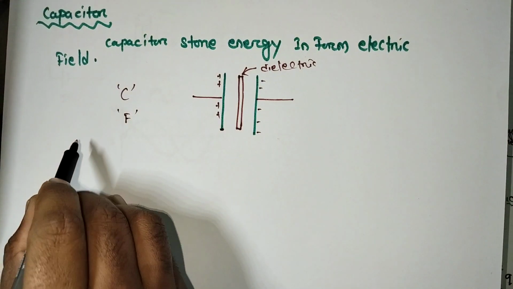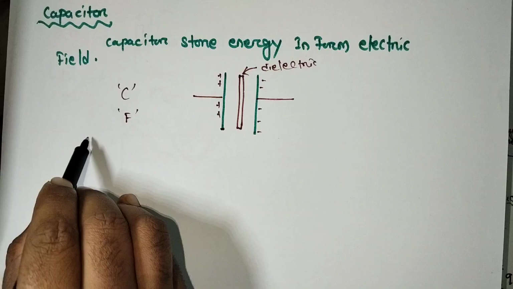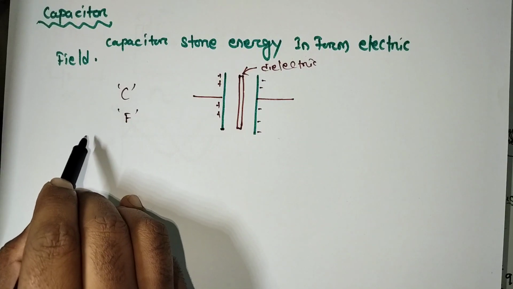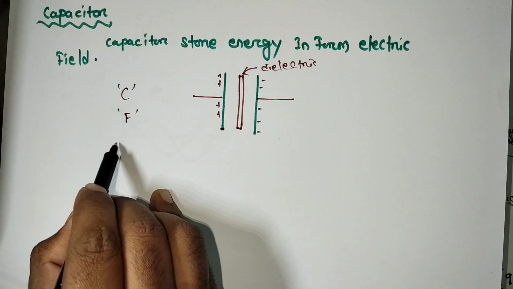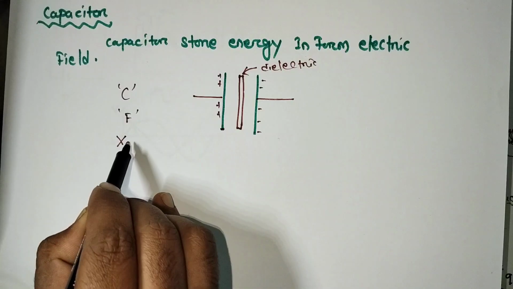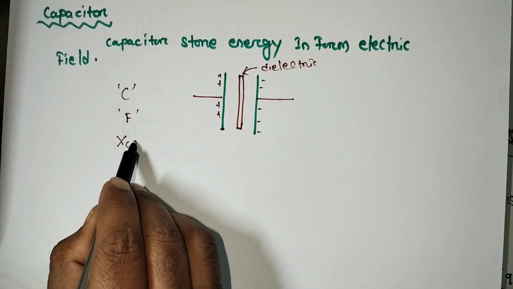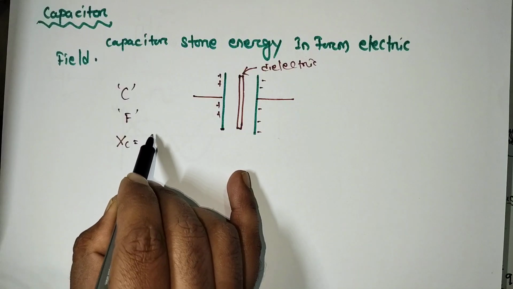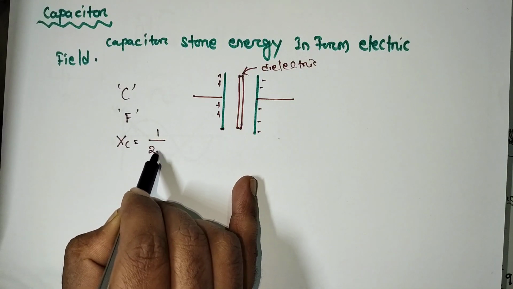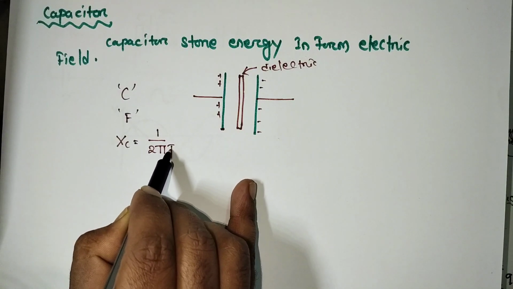Do you know what resistive, inductive, or capacitive reactance is? Capacitive reactance is basically the blocking capacity of the capacitor. Xc equals 1 by 2 pi fC.